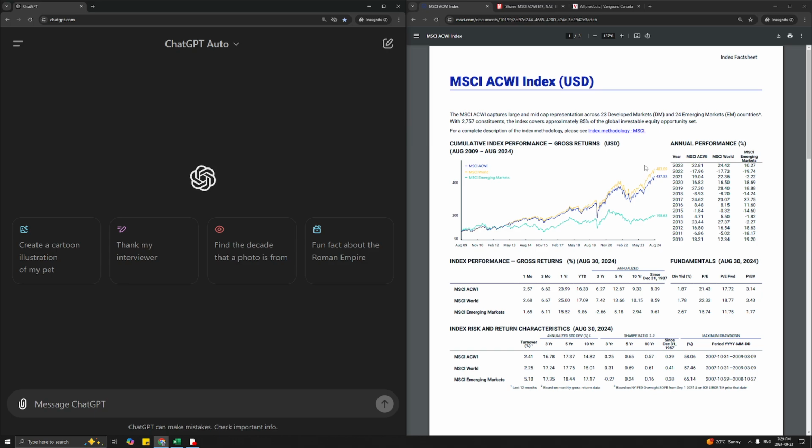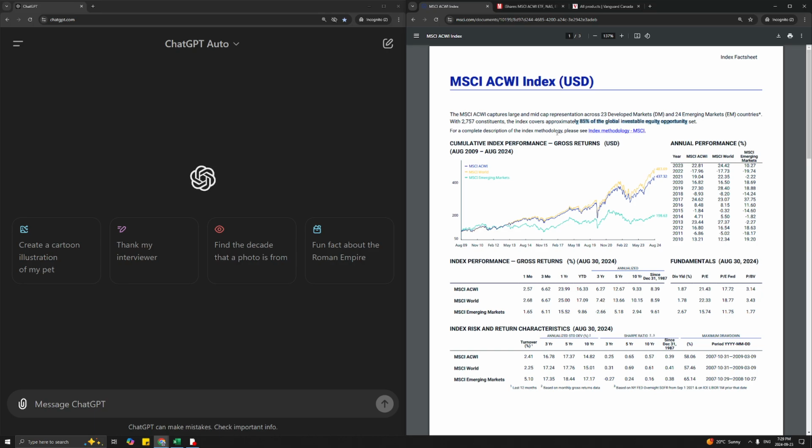So we're going to go over the index first, see what it's done in the past, and what we would expect if we were to be invested in this index over the last like 15 or so years. But yeah, this index covers 85% of the global investable equity opportunity set.